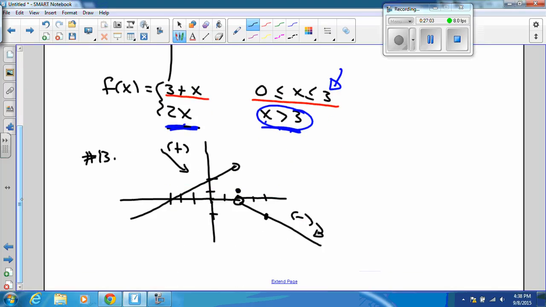And I can see that I have 1, 2, 3 pieces. So I'm going to divide up my domain into those 3 pieces. Now, it's not clear from the graph whether the function continues on or whether the domain stops at -5 there.